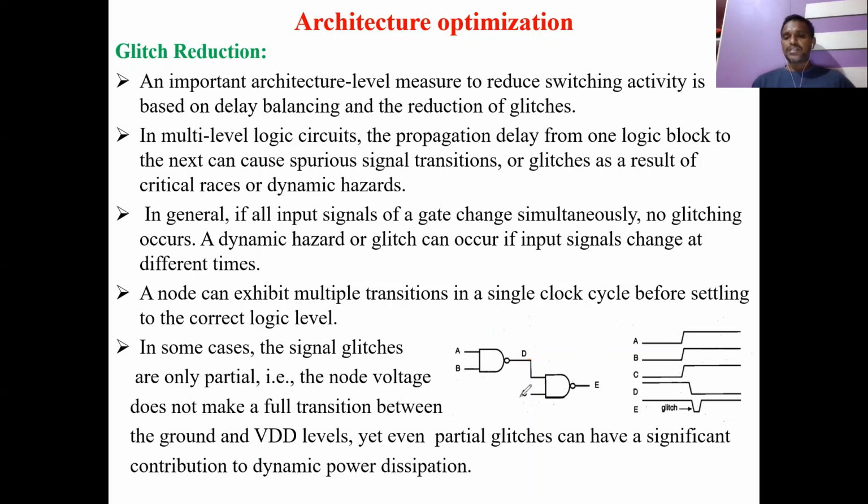A, B and C reach their corresponding input nodes of gate 1 and gate 2 at the same time. But the other input for the second NAND gate, D, will reach the input node after some time, because gate 1 has to process the two inputs A and B and give the D output, which is then given to NAND gate 2.